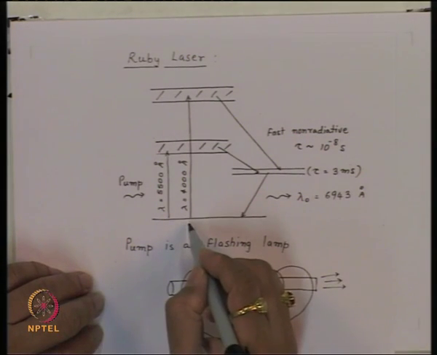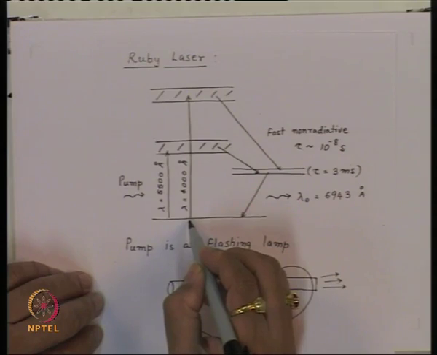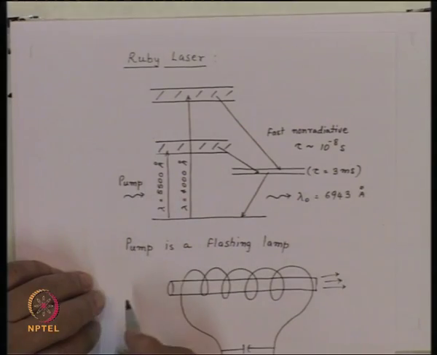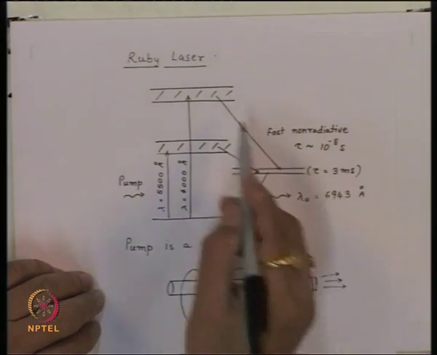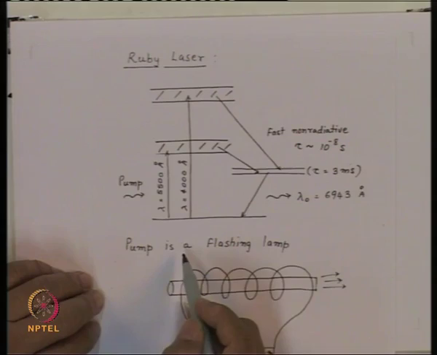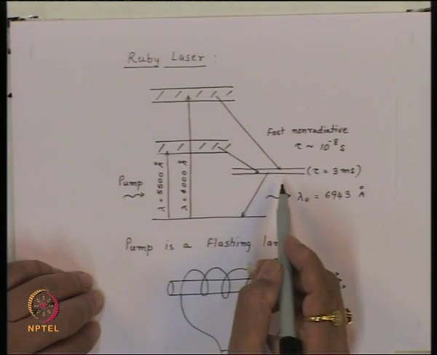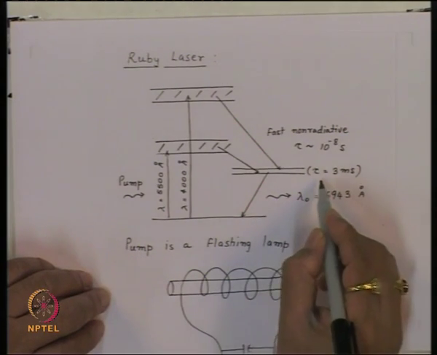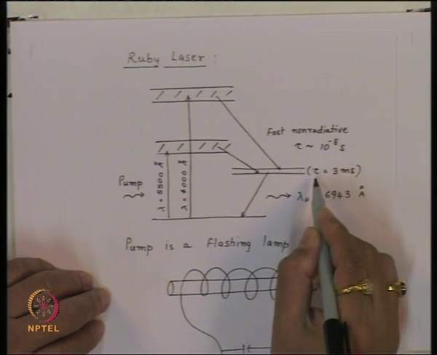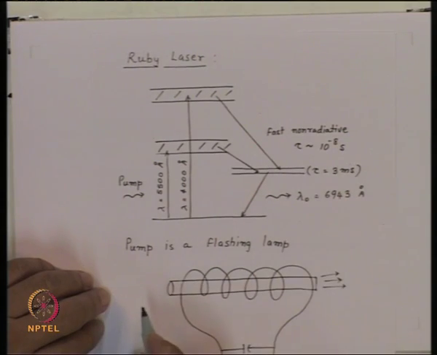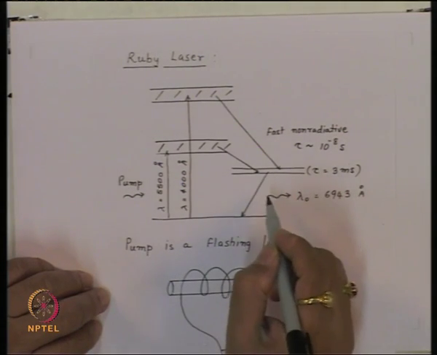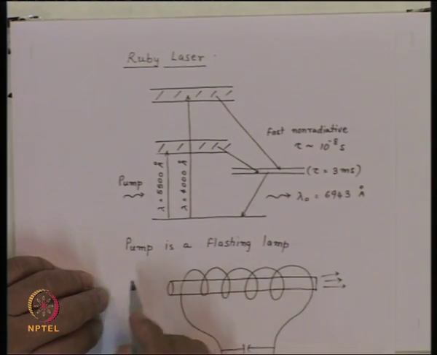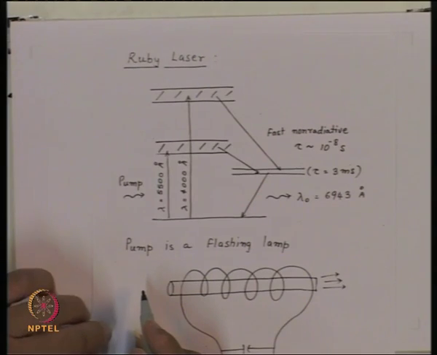So, the electrons are transported from the ground state to the higher energy level states by the pumping mechanism, and then through a non-radiative process, the electrons very quickly relax to these energy levels. Since the lifetime of electrons is much larger in this energy level, the electrons wait till a photon comes and can stimulate the downward transition.